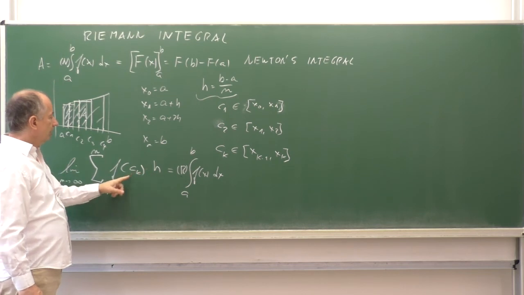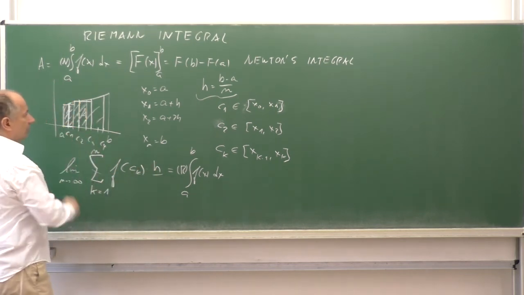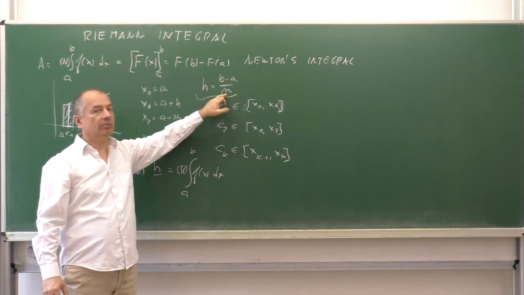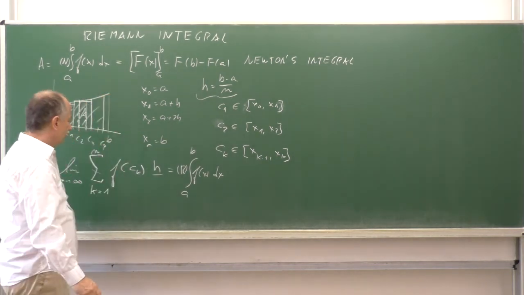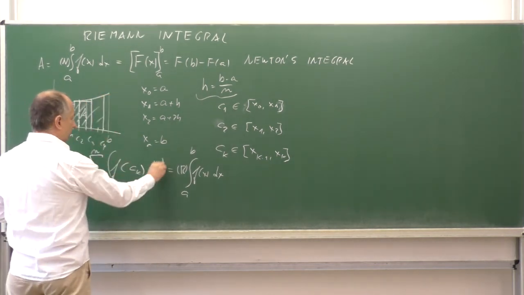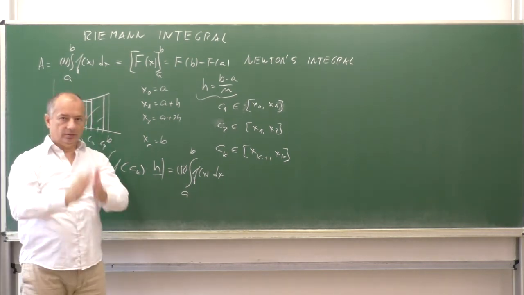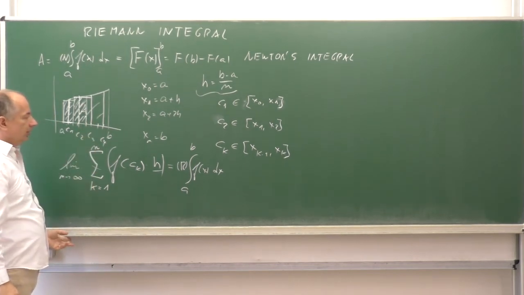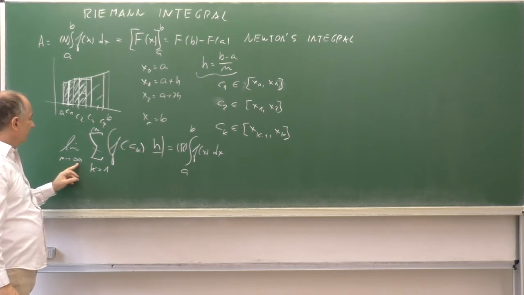We multiply this height by the width of the interval, which is the total integration interval divided by the number of intervals. So this is the width of one single interval. So this product has the meaning of the area of one column. And we take all these areas together, and then we take the limit for n going to infinity.